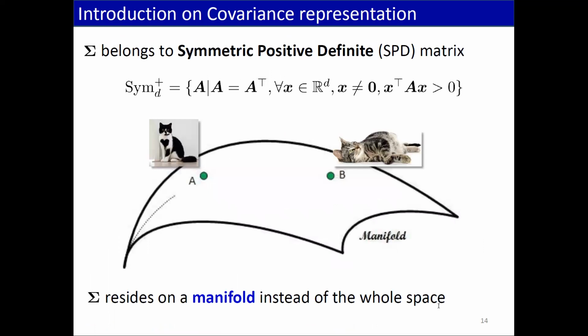But a very important point for the covariance matrix is that not every matrix can be a covariance matrix, because a covariance matrix is SPD, symmetric positive definite. That means it does not fill the whole matrix space. Instead, it resides on a lower-dimensional manifold.